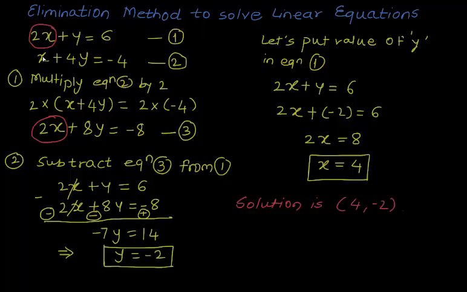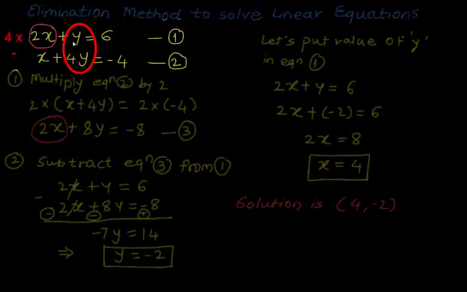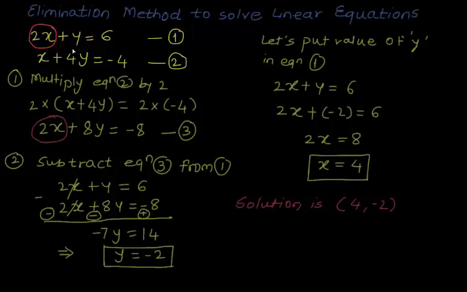In this case, we multiplied equation 2 to remove the variable x. Now suppose we want to remove the variable y. Then if we multiply equation 1 by 4 and subtract equation 2 from 1, we'll get the value of y. As we are eliminating a variable from the equations, this method is called the elimination method.